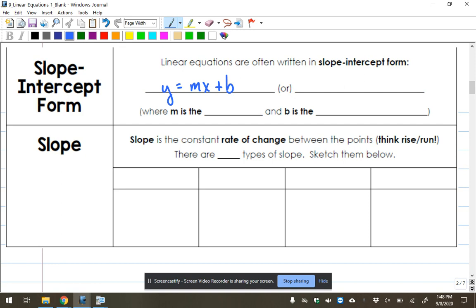If we use the function notation that we talked about last week, it would be f of x equals mx plus b, where m is the what? Over run, or the slope. And b is the, what's b in those equations? Y-intercept. Good job.